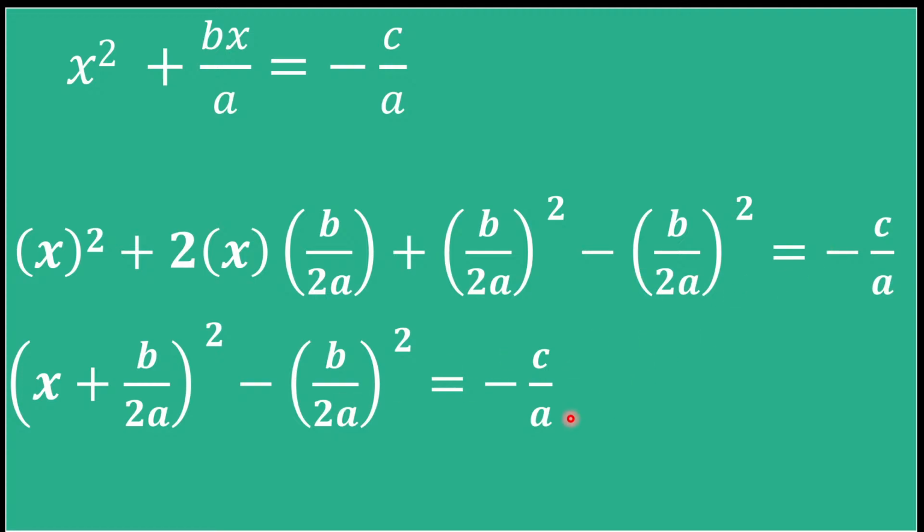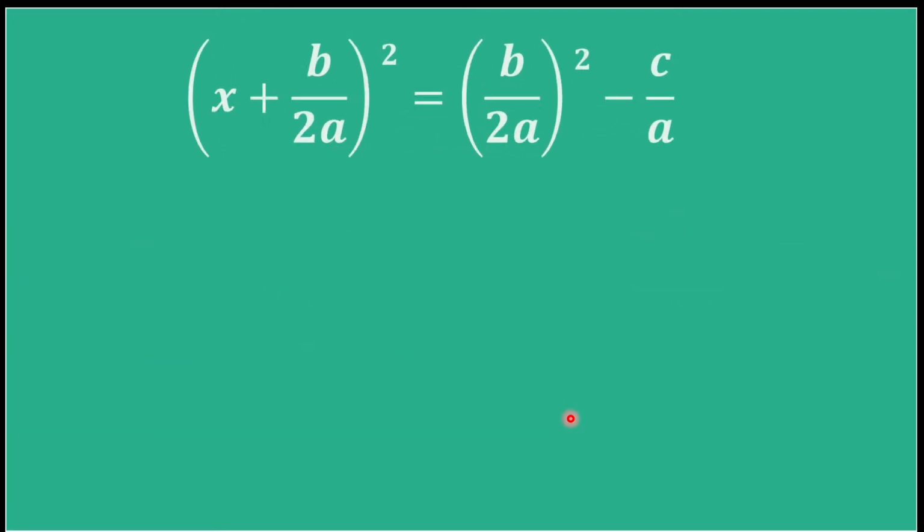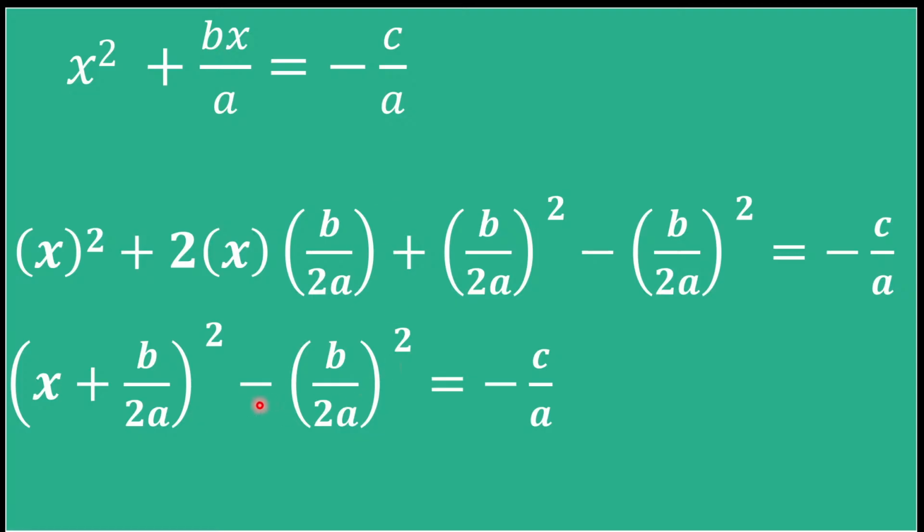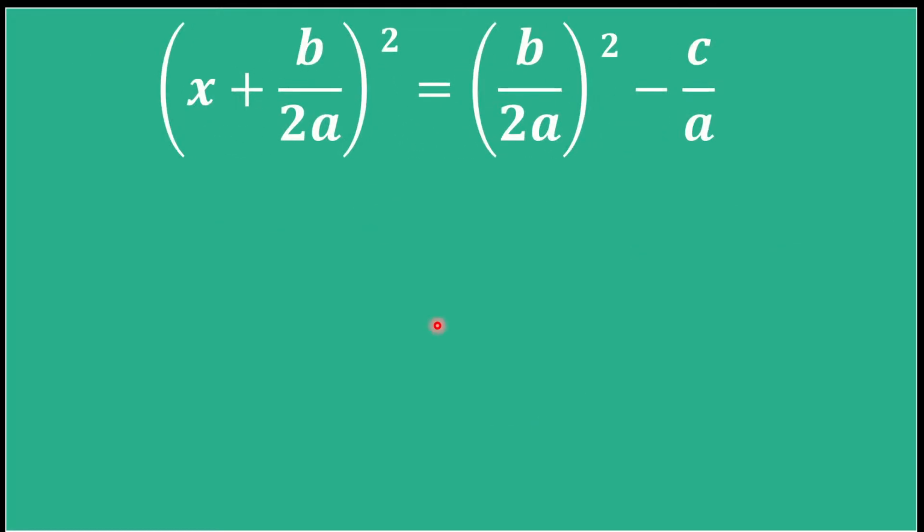Now we will send this value to the other side of the equation. So our equation will become x plus b divided by 2a whole squared equal to b divided by 2a squared minus c divided by a.